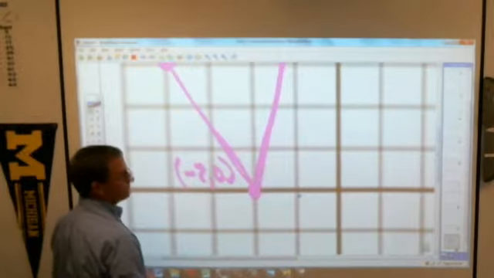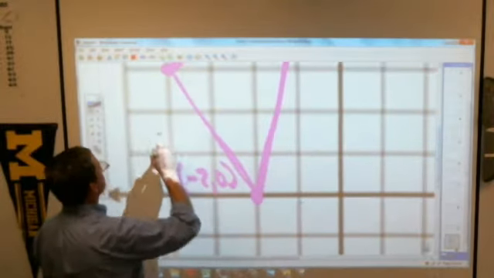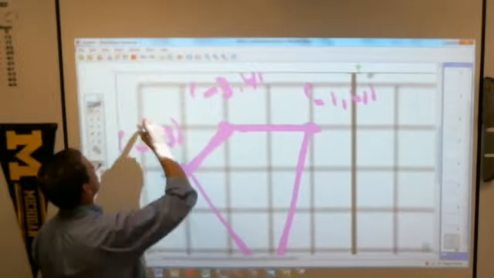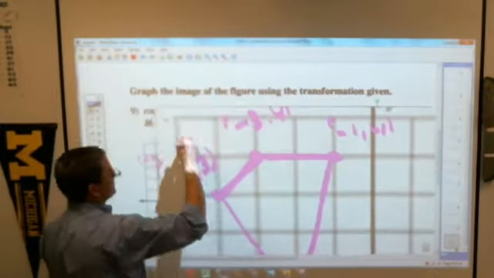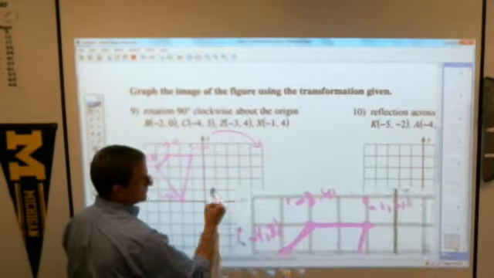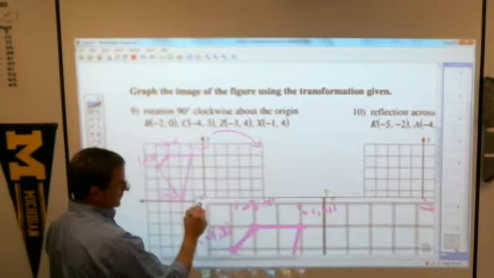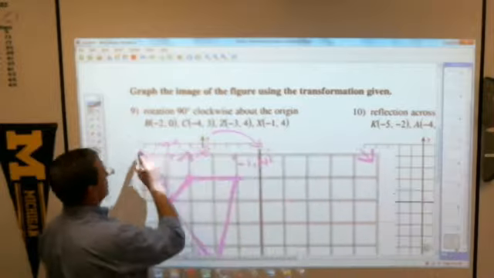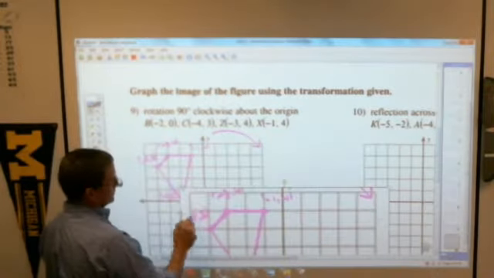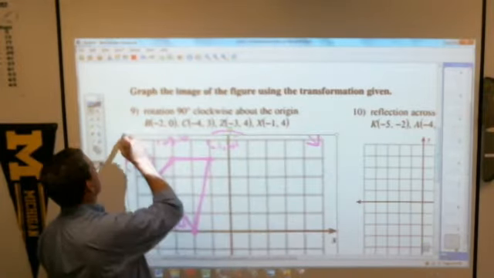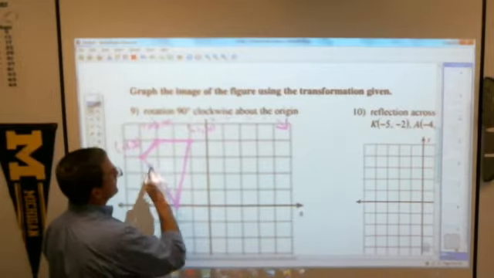Does that help you out? Give me a sec here. Am I still good? Let's try to get this the same size. A little farther. A little farther. A little farther.